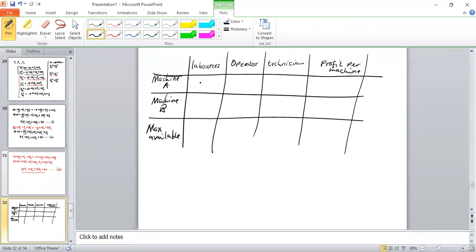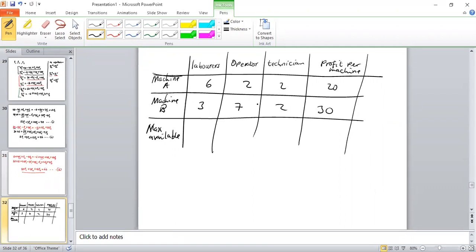What is the figure that we have in the first entry? 6. We are going in a row. Under operator, 2. Technician, 2. Profit, 20. Then we come down here: 3, then 7, 2, profit 30.